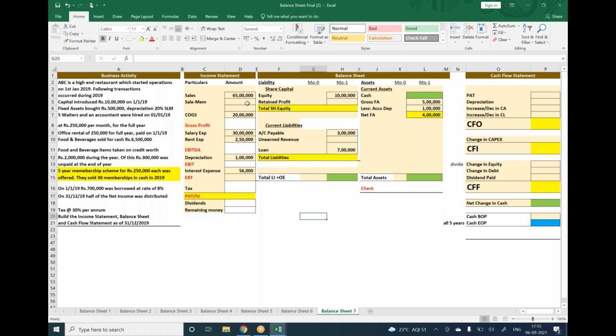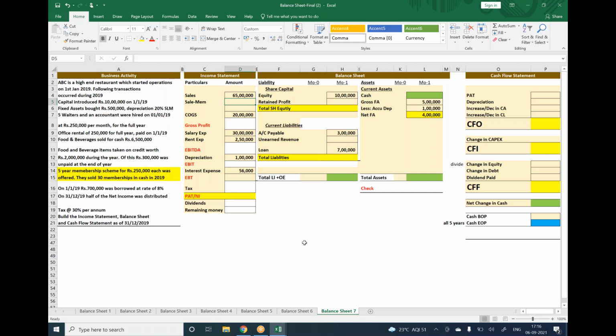Can anyone tell me how much is your unearned revenue you have done? $60 lakhs.